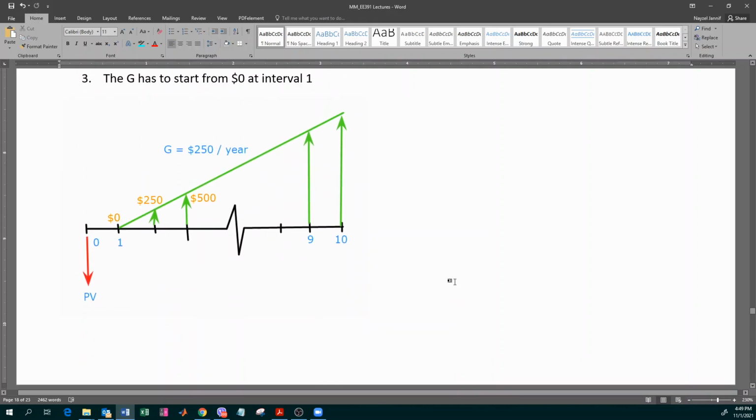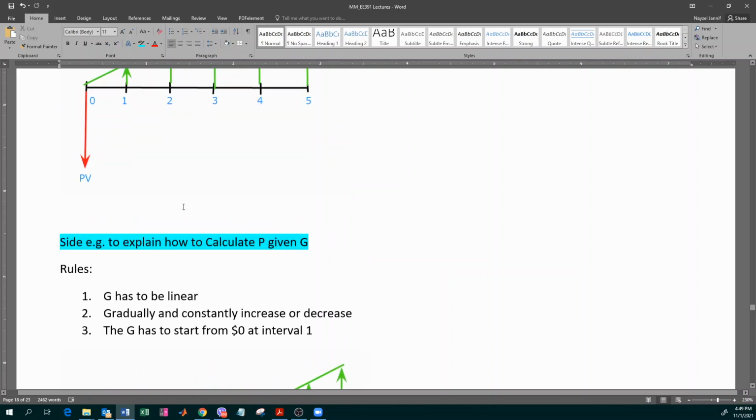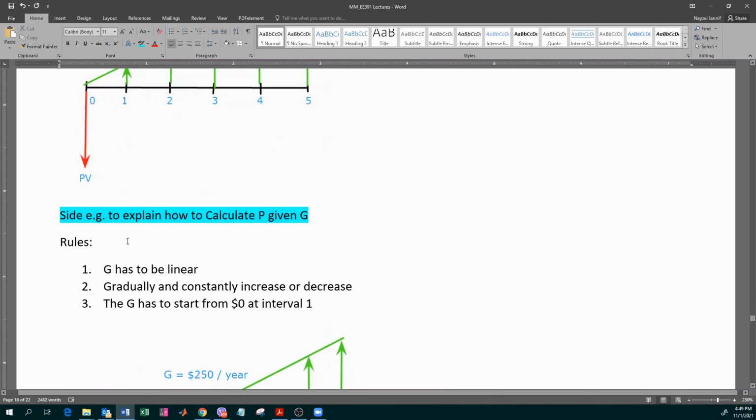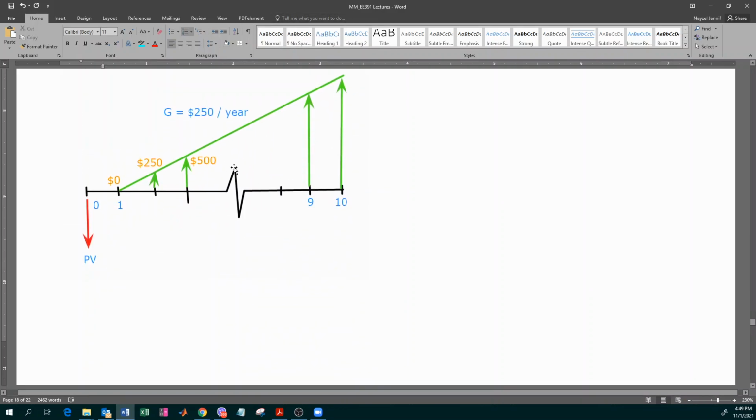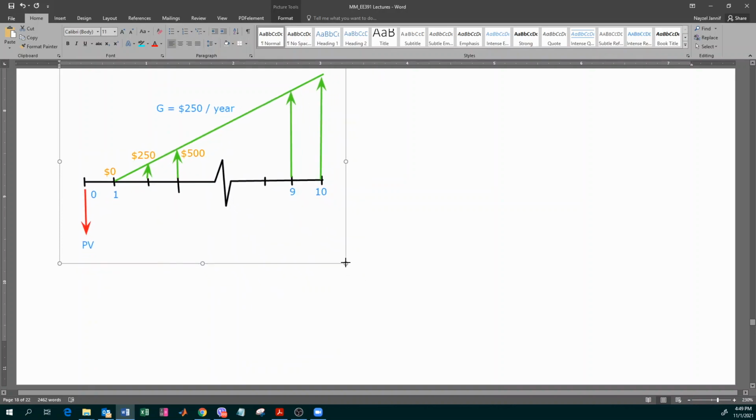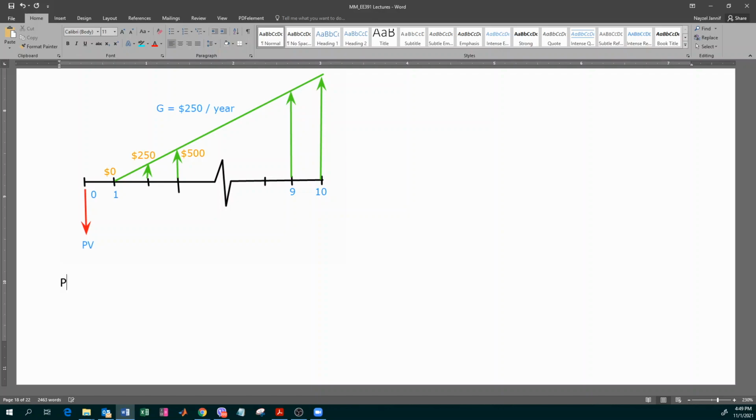Now let's calculate this thing here. What formula would we use to calculate this? We want to find P. So how can we find this P, guys? We will find P given G.